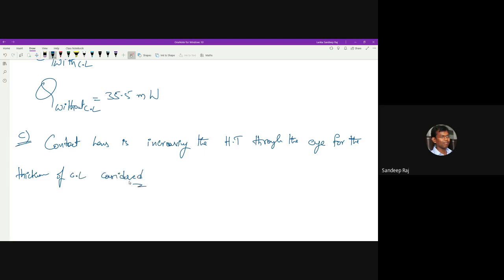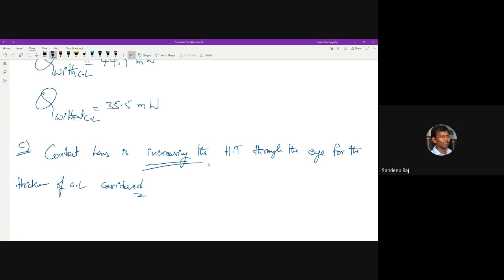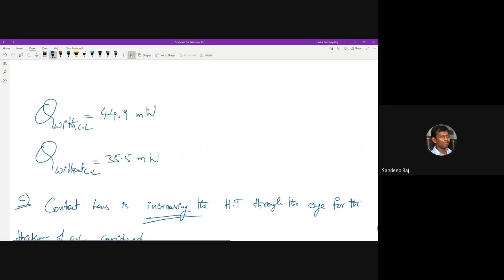Whatever thickness is considered in this particular problem, if that is the thickness you have on your eye for your contact lens, then the heat transfer will increase. Since it increases, the human will feel irritation. Whatever irritation there is, it is because of the increase in heat transfer.